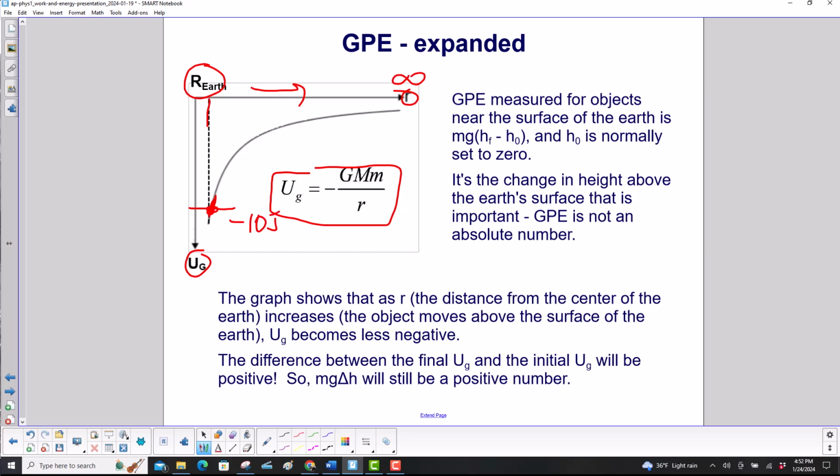As it moves further away from the Earth, this would be, let's say, negative 5 joules. So when we do the final minus initial, we have negative 5 minus a negative 10. That gives you plus 5 joules. So the difference between the final potential energy at this height minus this one is going to be positive. So mg delta h will still be a positive number when you're near the Earth's surface.